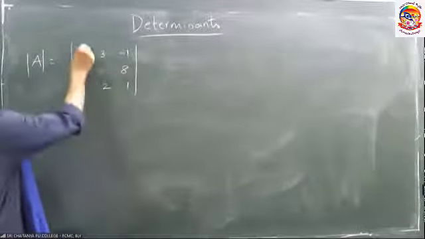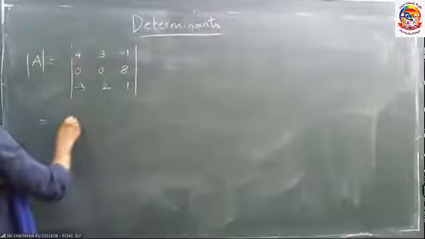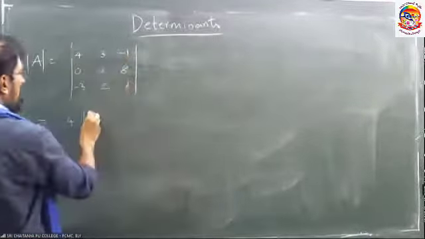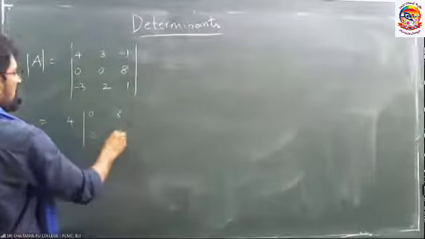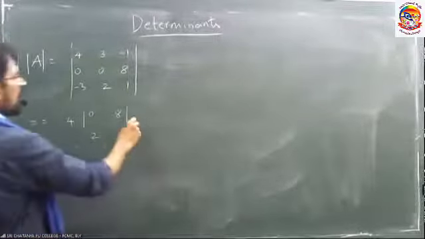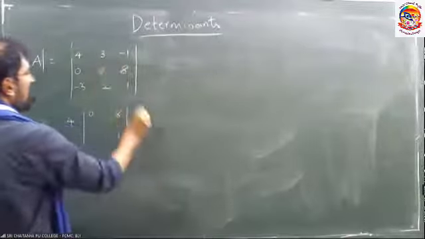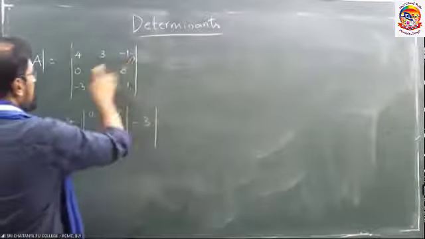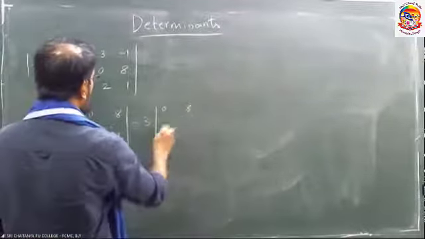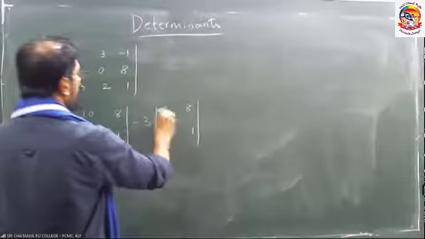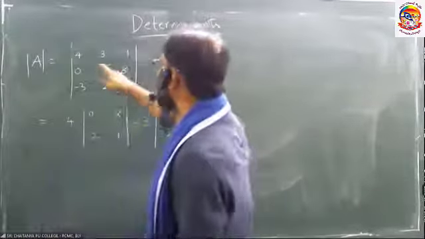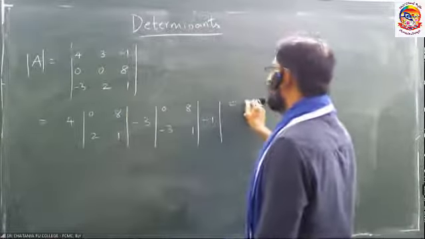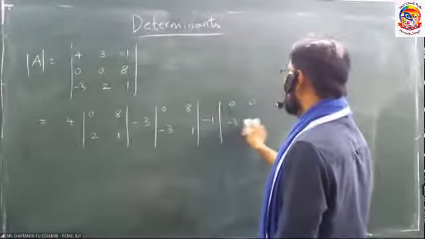First, 4, this element, into exclude this column and this row and write down these elements. I think you got it. Minus this element into exclude this column and this row, 0, 8, minus 3, 1, minus 1 into exclude this row and this column, you are going to get 0, 0, minus 3, 2.